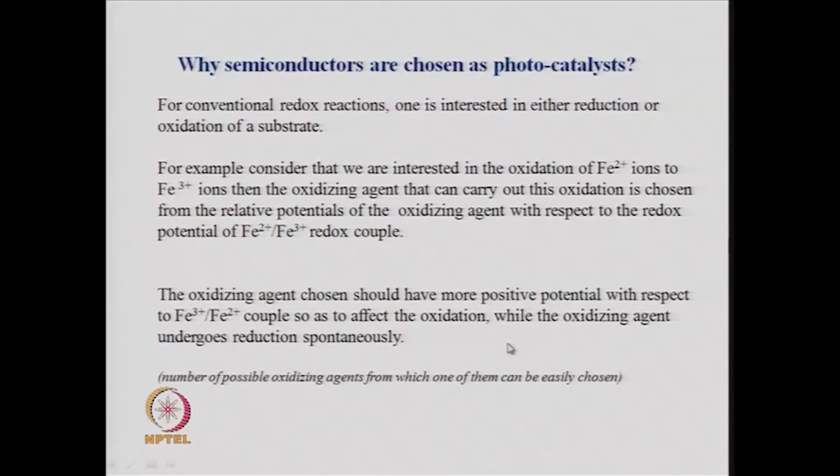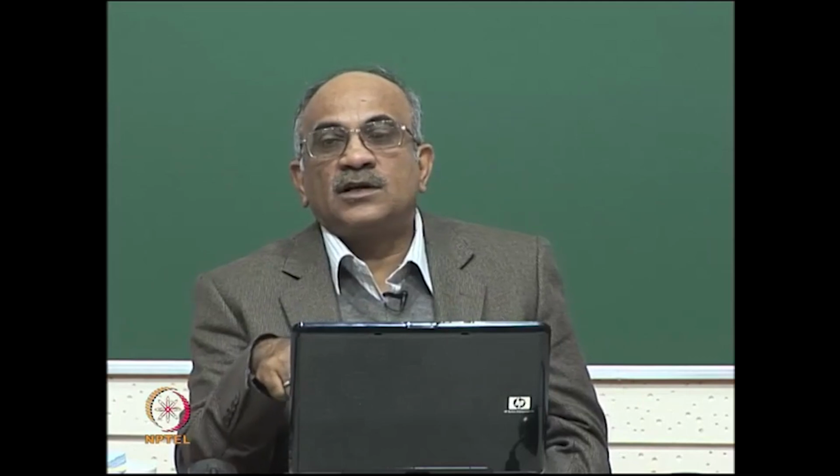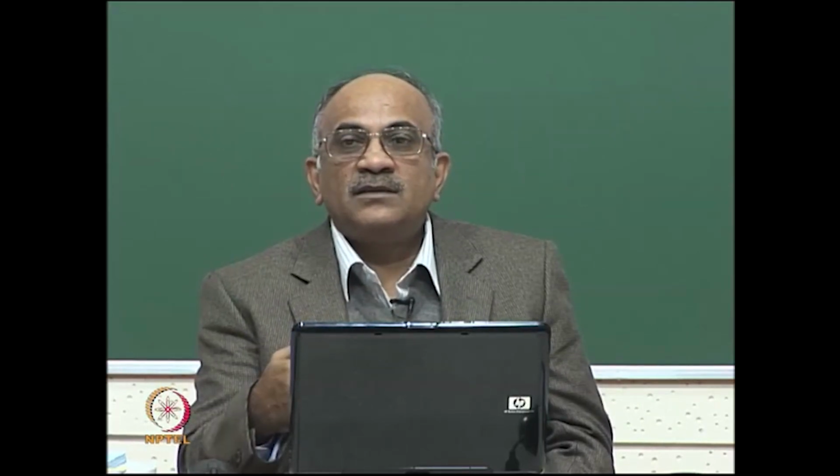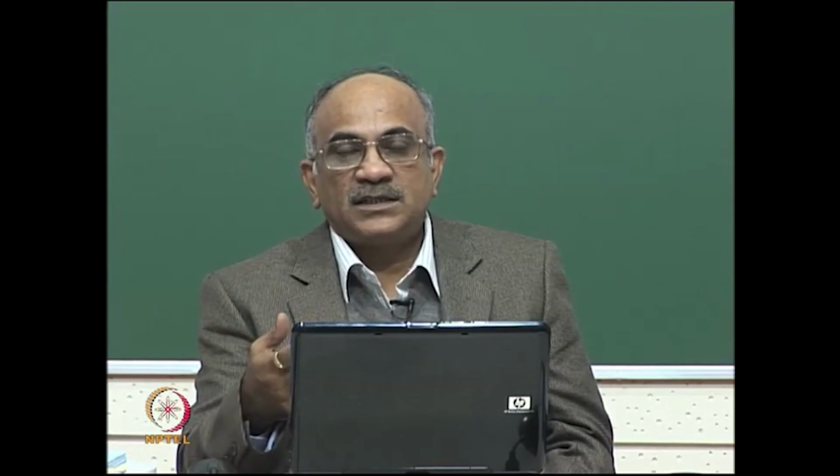Whereas, if you want to do a reduction, then of course you will have to choose a different kind of photocatalyst, where you will be dealing with the conduction band and you want to transfer electrons to carry out the reduction. Here we are talking of oxidation, and hence holes are important, which will carry out the oxidation.